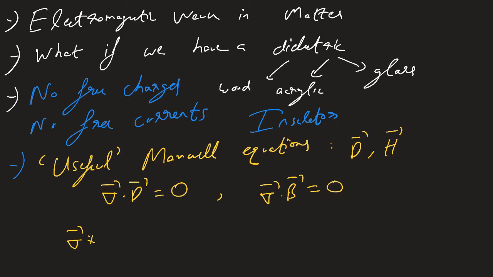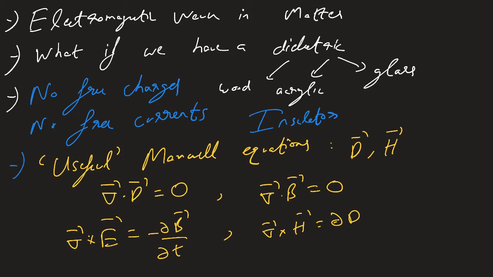Similarly, del cross E, since we don't have any currents, is just minus partial B by partial t, and del cross H, since we don't have any currents, of course, is partial D by partial t. Right?